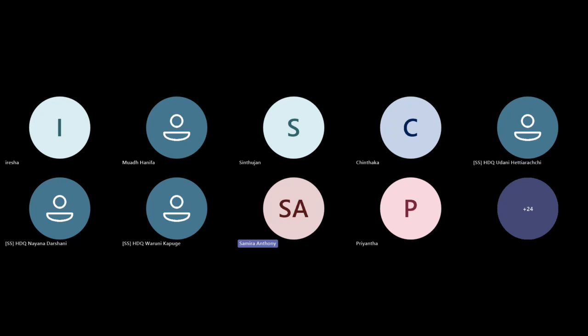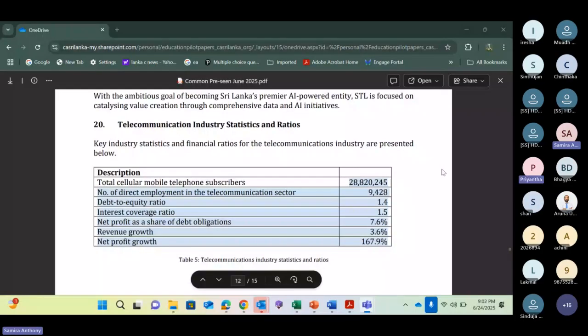Right. Hanifa, yes, sir. These all are industry data, right? I believe the examiner sometimes asks you to do a comparison of the given STL with these numbers. Actually, they have given you how many customers you have. Therefore, you can put a column here and add how many customers STL has, right?